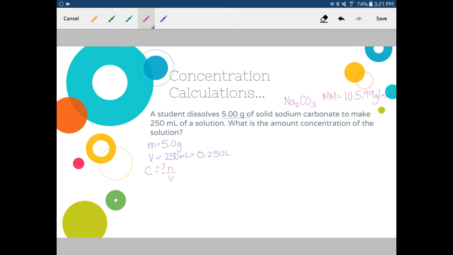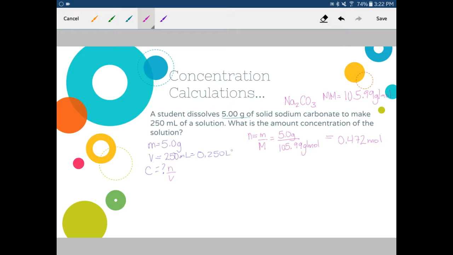When I calculate for moles, I know that my moles is equal to my mass over my molar mass. So I have 5 grams divided by 105.99 grams per mole. This gives me a value of 0.472 moles.